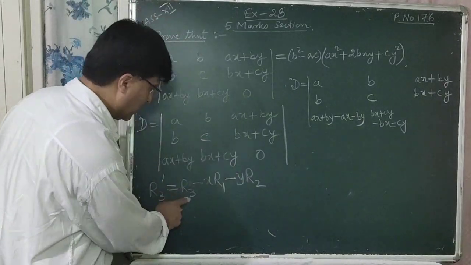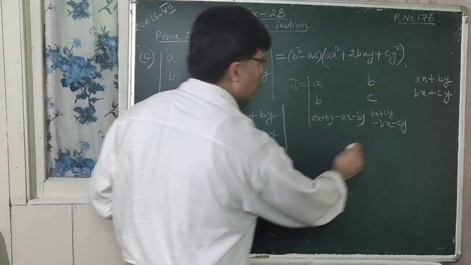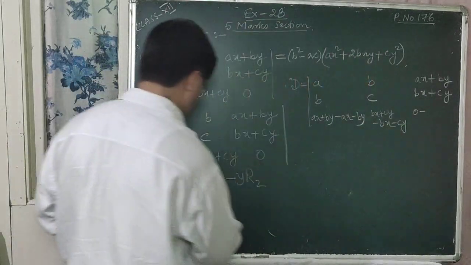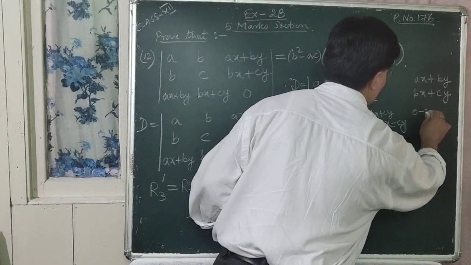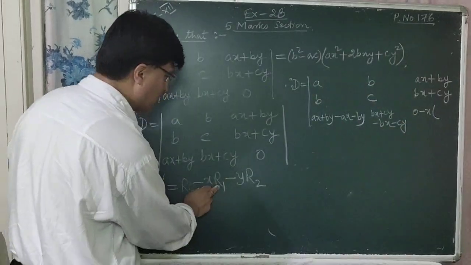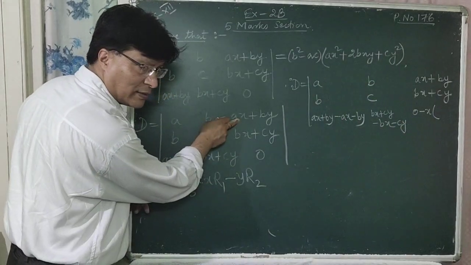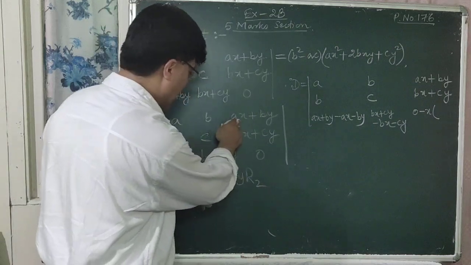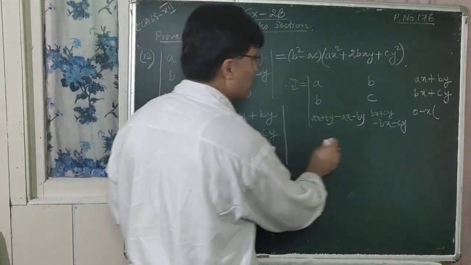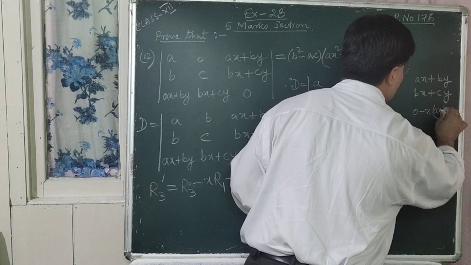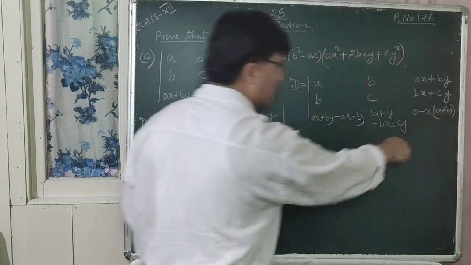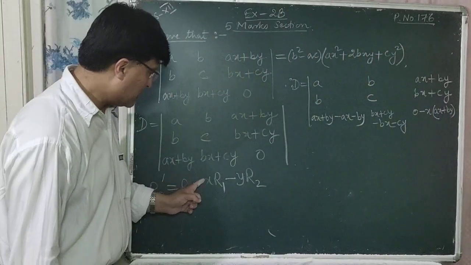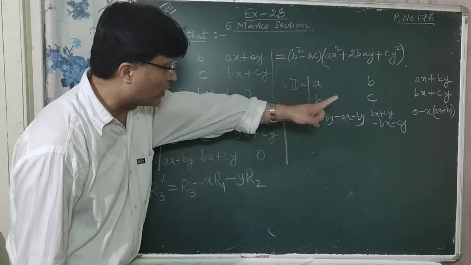Now next, which is the new third element of the new third row? Now R3 means 0. This is 0 minus X into, what is R1? Row 1 means the third element of the first row. R1 means row 1, AX plus BY. That is minus X into AX plus BY.